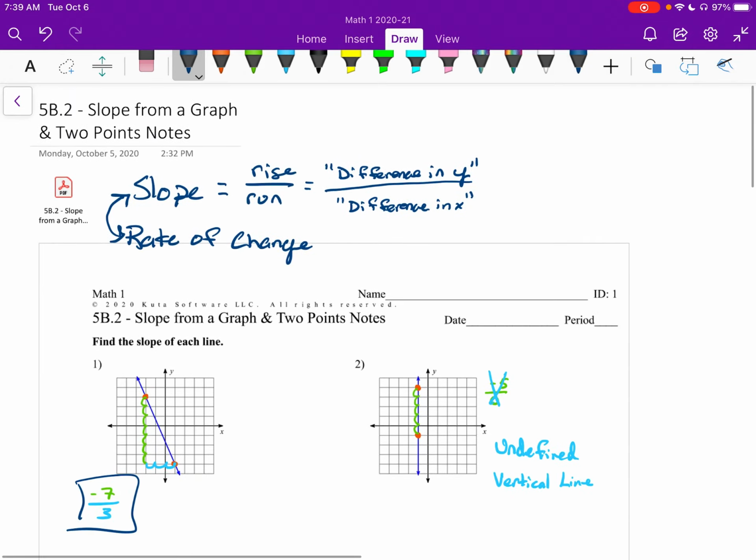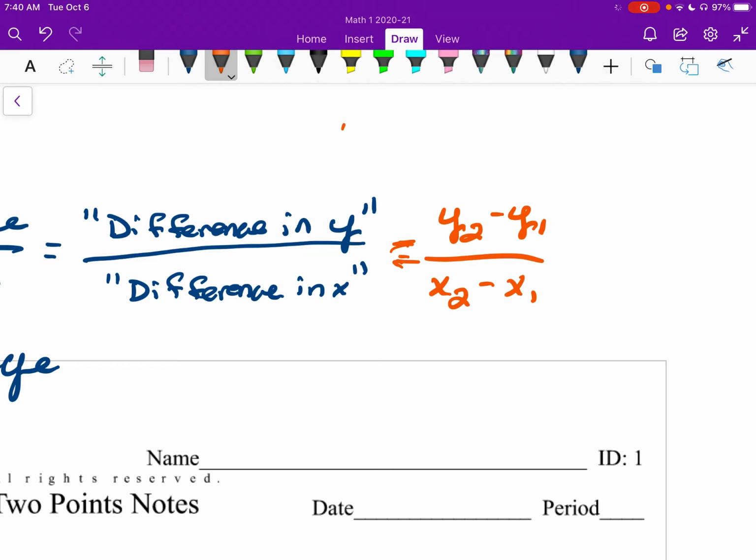Another way to talk about slope would be y2 minus y1 over x2 minus x1. And that would be a formula that you should probably write down. Slope, you want to write slope equals y2 minus y1 over x2 minus x1. And this is talking about if you had the points x1, y1 and x2, y2.